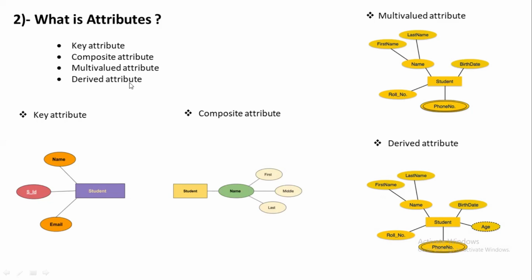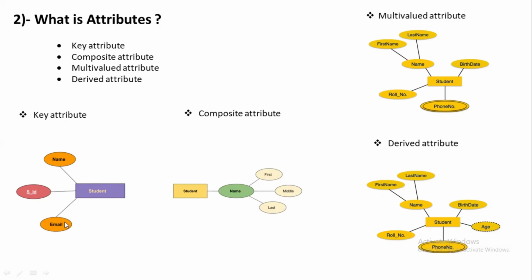Okay, so when we come to the first one, the key attribute or simple attribute. The key attribute is also known as the prime attribute or primary key. A key attribute can uniquely identify an entity from an entity set. Here we use a rectangle shape to draw the entity, and we can connect attributes to this entity.